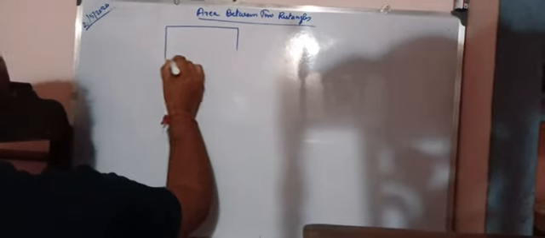So area between two rectangles means, how is the picture? The picture looks like that. This is the first rectangle. This is the second rectangle. So what is the area? This is the required area. Understand that?